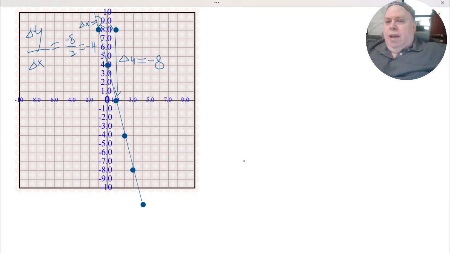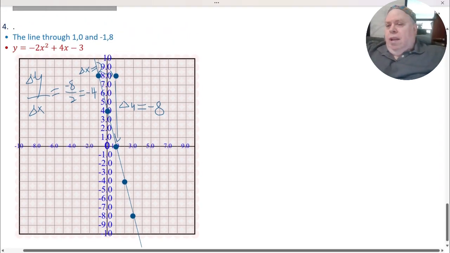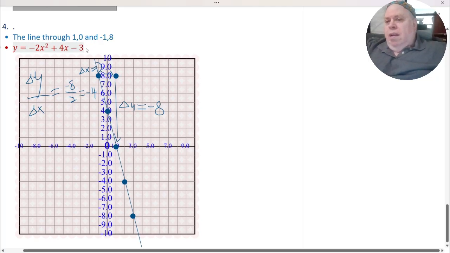Okay, now I gotta do the red quadratic, and I always draw the quadratic. So the idea is I draw the two guys and then I see where they hit each other. So I got my line. Now I got to draw the quadratic. To do that, I always work out what is h and k.